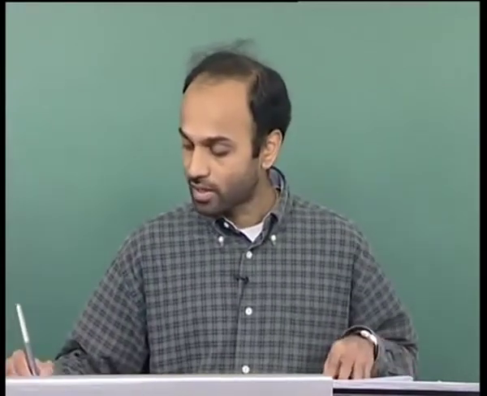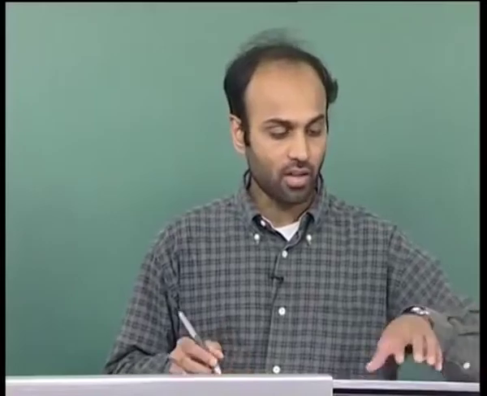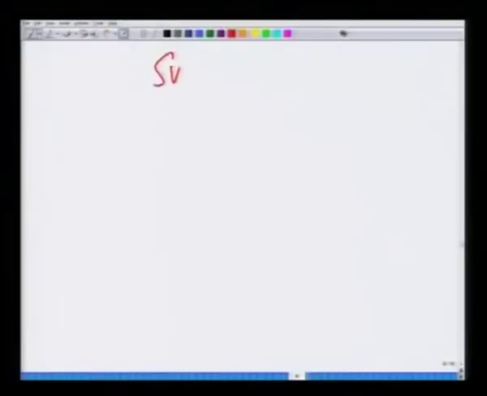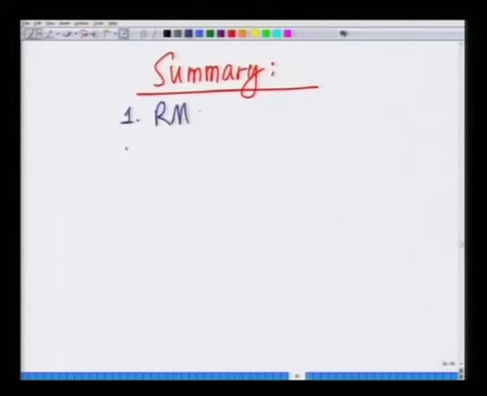Let me again list what topics we have covered in this section. So, let me write the summary. In summary, the list of topics that we have covered is first the RMS delay spread.